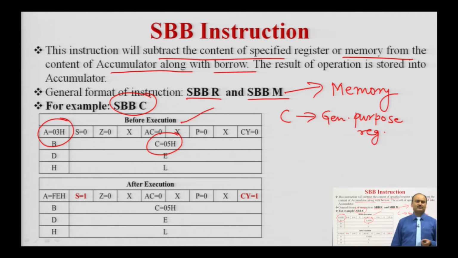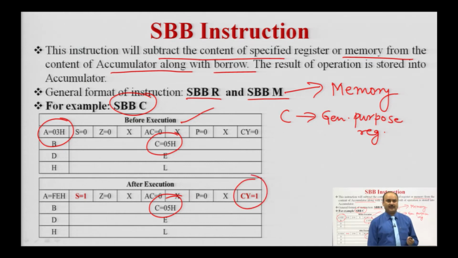Whenever the microprocessor executes this instruction, it will subtract the content of C, that is 05H, from the content of the accumulator, that is 03H. Here the subtraction takes a borrow, so the carry flag is set to 1 to indicate the borrow.